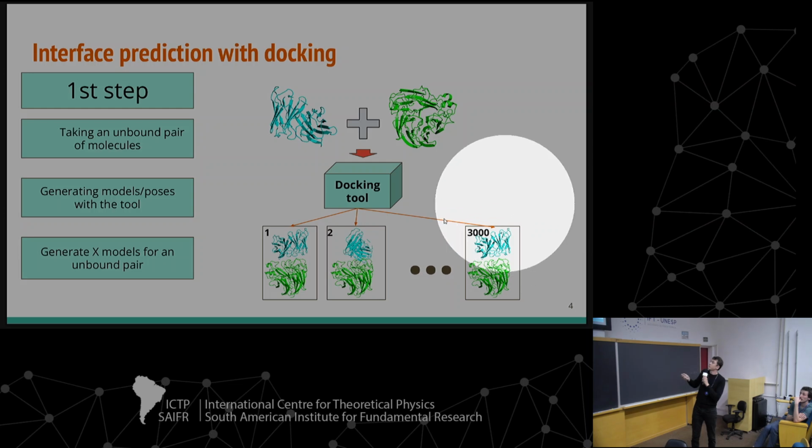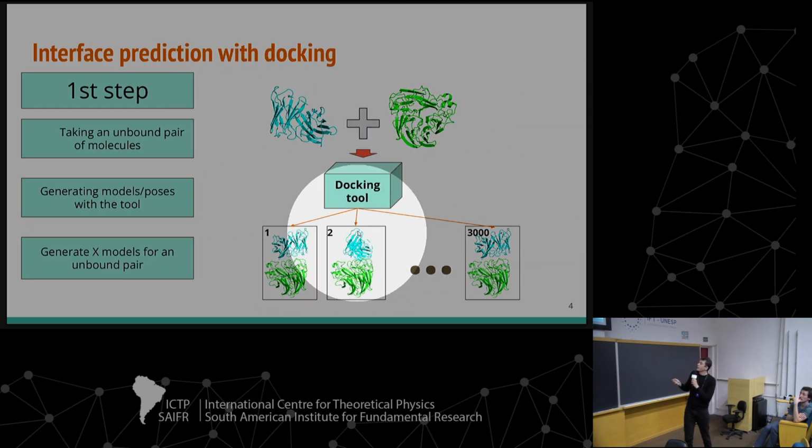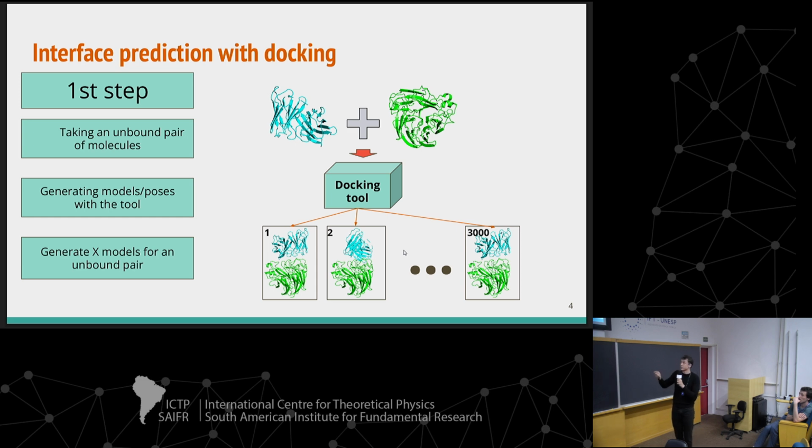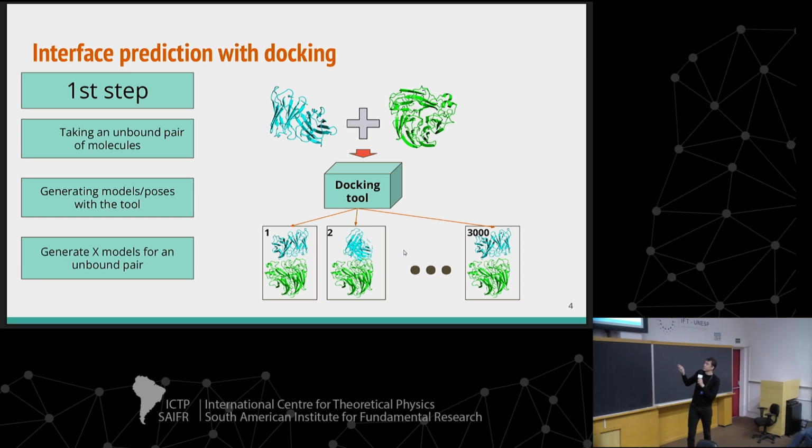You give the separated molecules, so you have your two proteins, and you give that to the docking tool, and it's going to generate a number of conformations. In the blind, usually, you generate a lot of poses, a lot of docking models, like 10,000, something like this. Here it's 3,000.